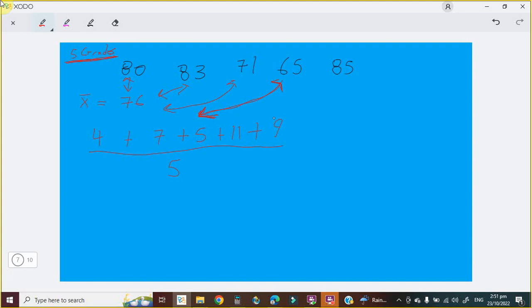This is what we call the standard deviation. So look, average deviation: 4 and 7, 11, 11 and 5, 16, 16 and 11, 27, 27 and 9, 36. 36 divided by 5 is 7.2. So on average, each score you can expect to deviate by around 7.